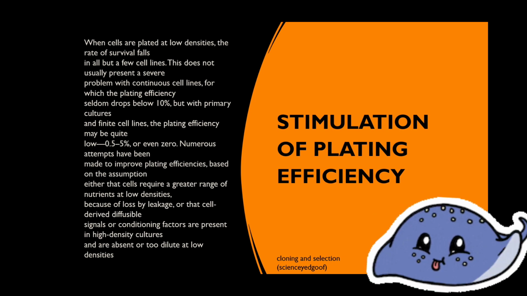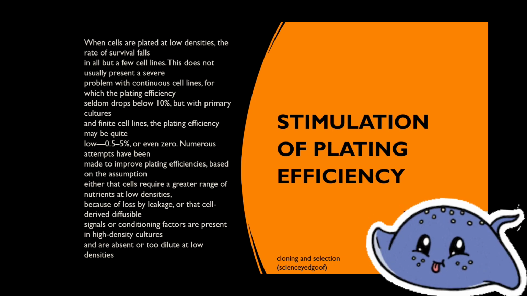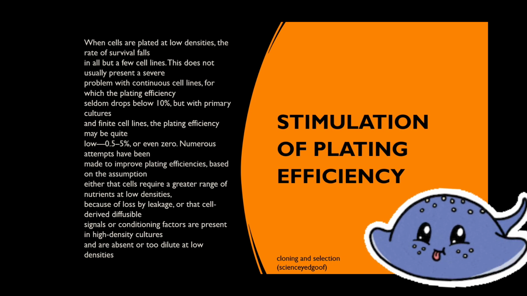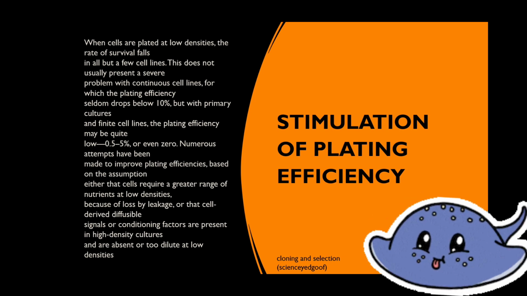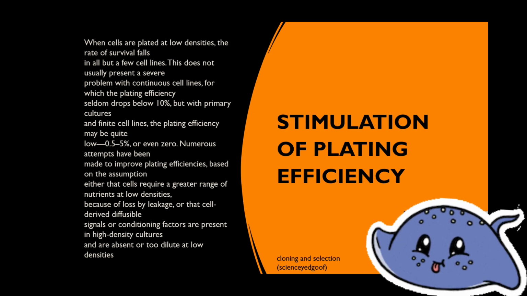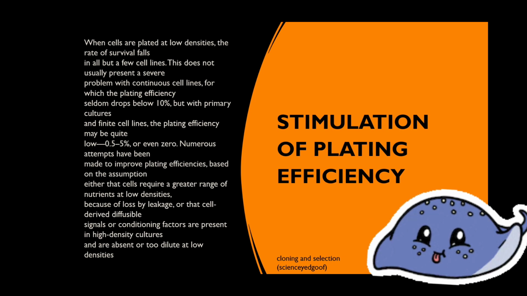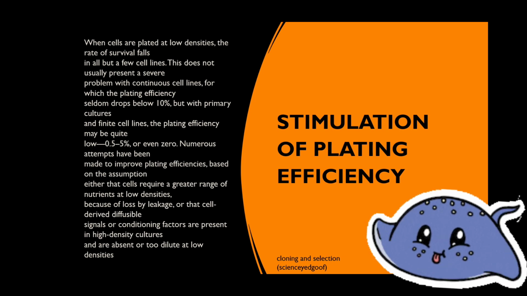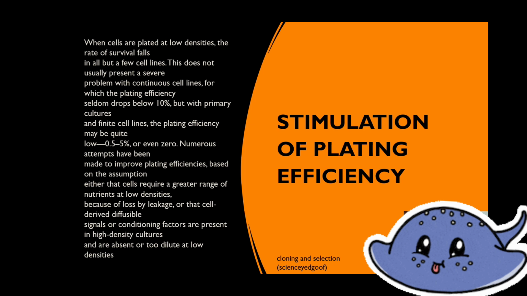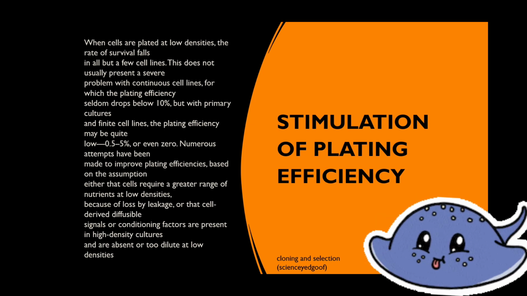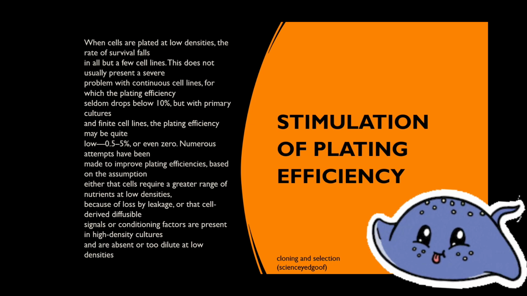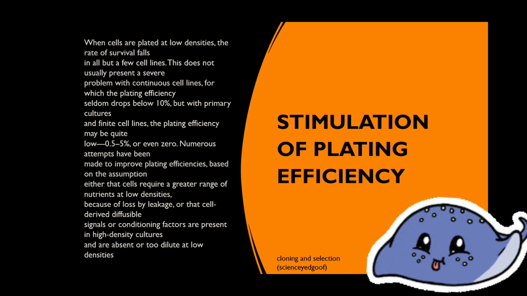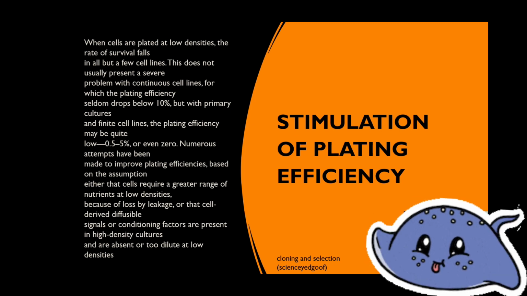When cells are plated at low densities, the main problem is that the survival rate is less. If all the cells die, then everything is dead. But if you use a continuous cell line, the plating efficiency drops by 10%.